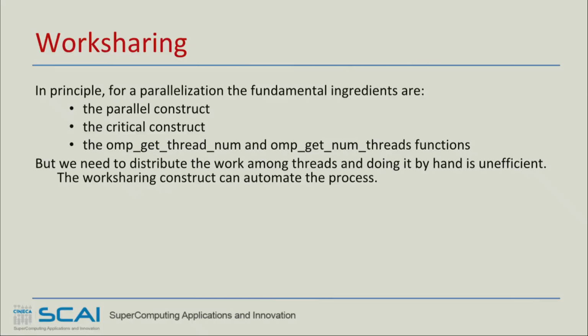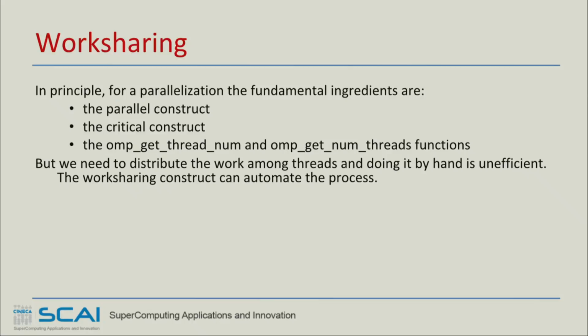That's enough, because if I know the thread ID, I can assign some work to a given thread ID, just moving the indexes in a wise manner. But this is something that sometimes can be a little bit inefficient, and sometimes it's also a little bit tricky.